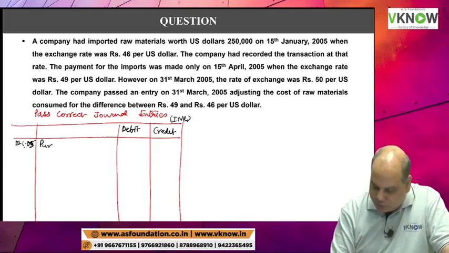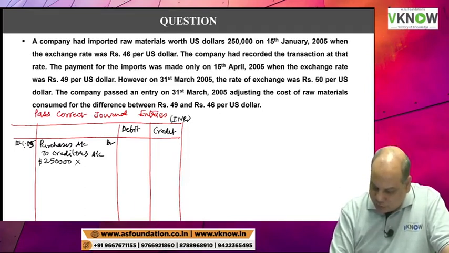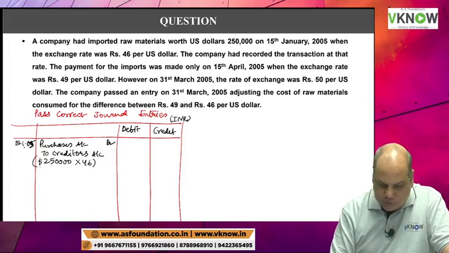We have purchased goods. So, purchases account debit to creditors. You are going to record $250,000 multiplied by 46.